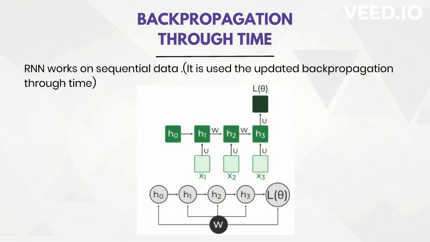Here L of theta is the loss function. It fully depends on H3. Then H3 in turn depends on H2 and weight W. Next, H2 in turn depends on H1 and weight W. Then H1 in turn depends on H0 and weight W. Finally, H0 is a constant starting state.